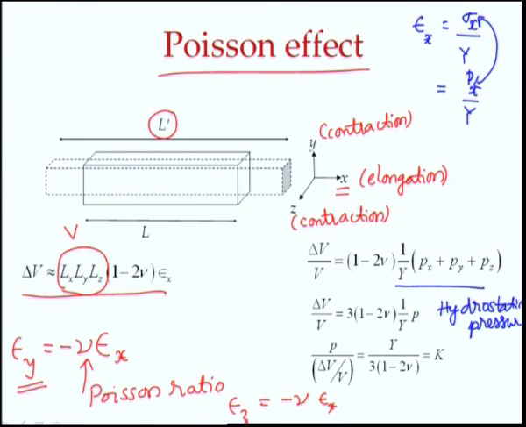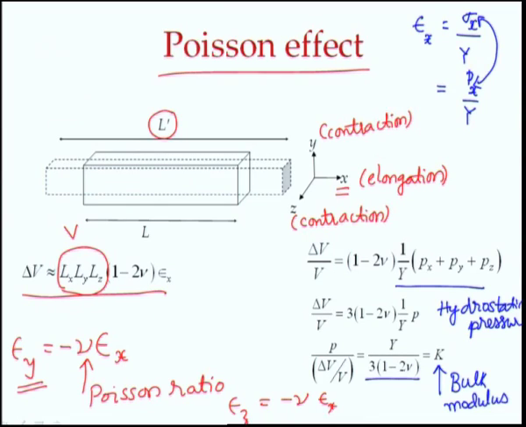Now, we can define a new quantity which we will call the bulk modulus, okay, which gives you relative change in volume, okay, for the applied pressure. So, bulk modulus is how much pressure is needed for a unit relative change in the volume of the material, and you can see that is given by this quantity, Young's modulus divided by 3 times 1 minus 2 nu.